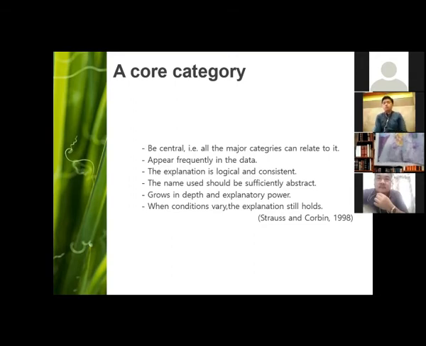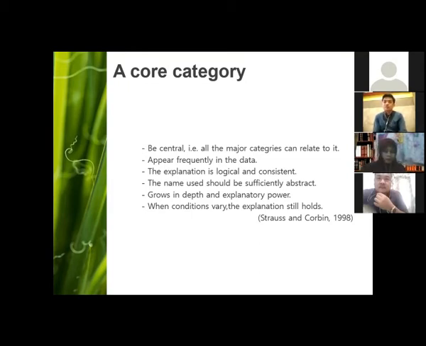The next one is that it appears frequently in the data. It means that the category should appear frequently in the data. This means that within all or almost all cases, there are indicators pointing to that concept.